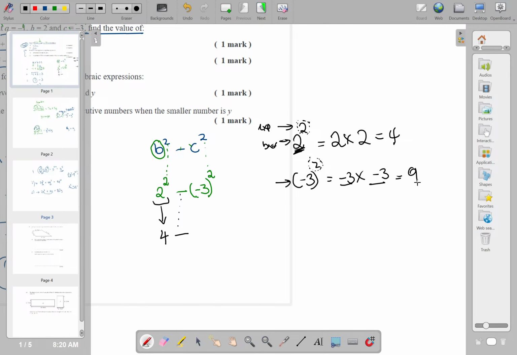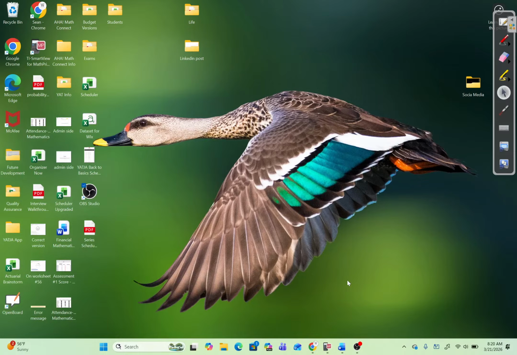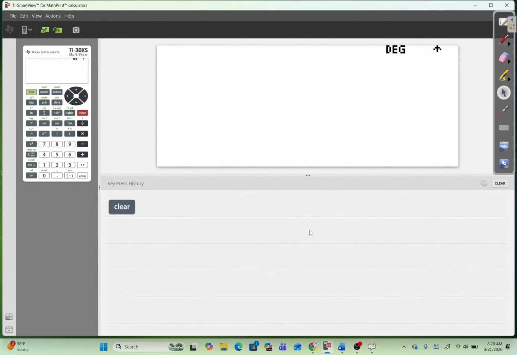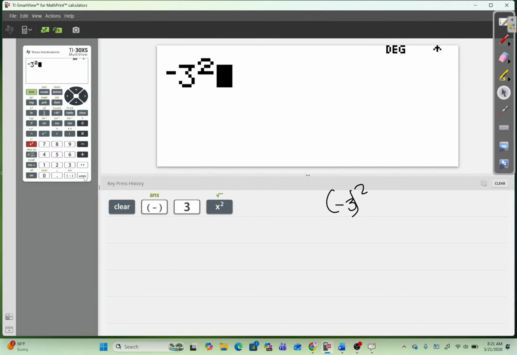Now, let's address something that I see students sometimes doing. So let's pull up the calculator and do some calculator work. Sometimes students, when they're putting in that -3 squared, forget the brackets. Why is that important? Because if I put -3 squared, I'm going to get a different answer.